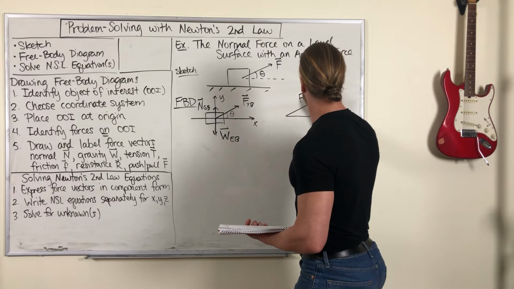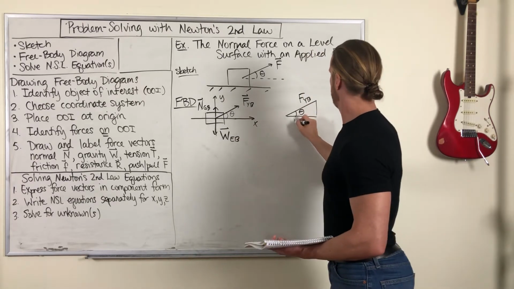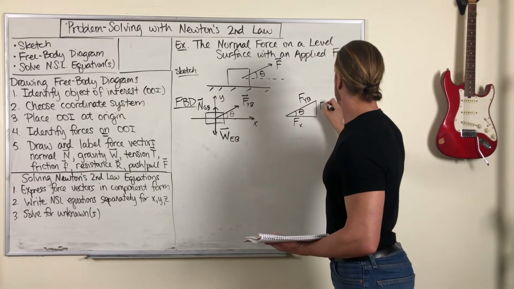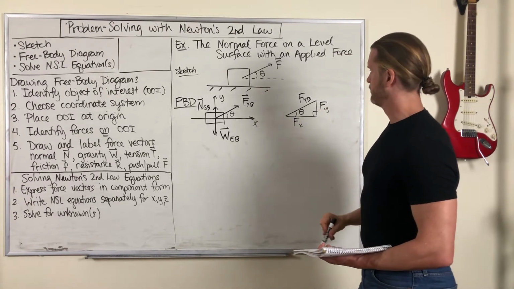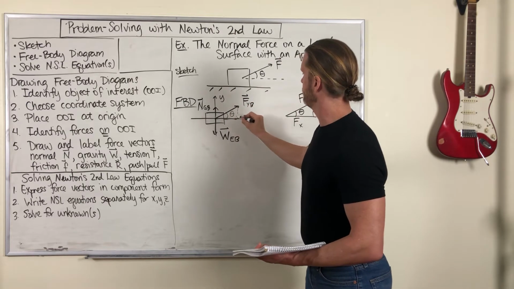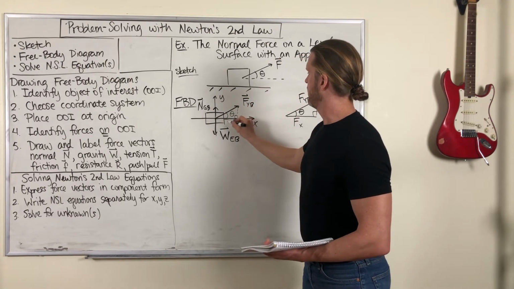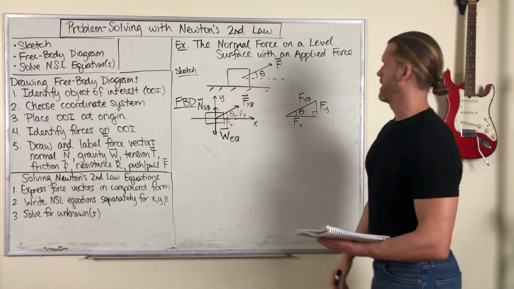F, U, B. Theta, here's F, x, here's F, y. Right, you can imagine this right triangle here with the x and y components.